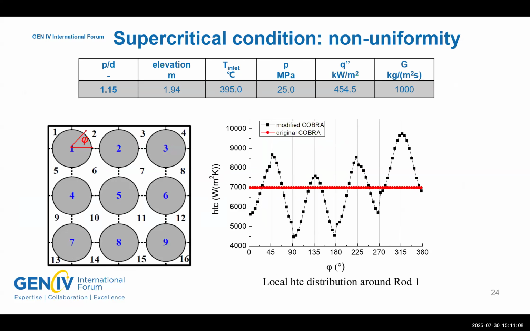The original COBRA or other subchannel codes can get only one value of the cladding temperature, such as the red line. But if you use this non-uniform heat transfer model, you can predict the distribution of the cladding temperature, or the heat transfer behavior, around each fuel rod. So very detailed information can be obtained.